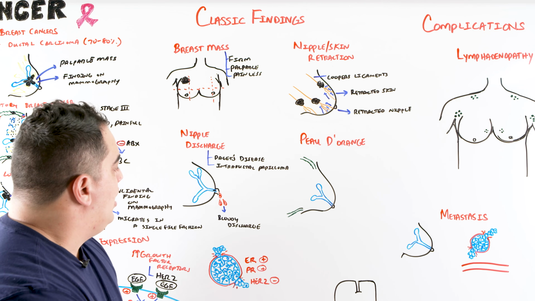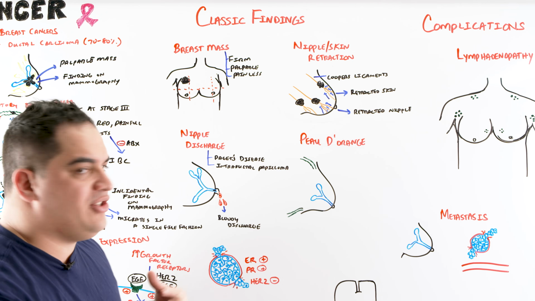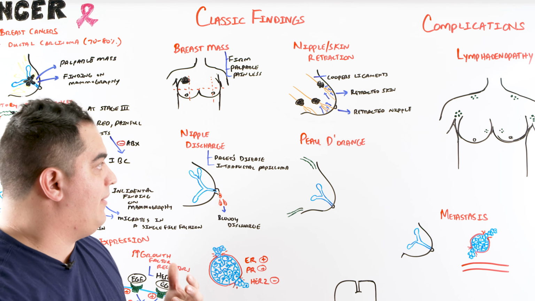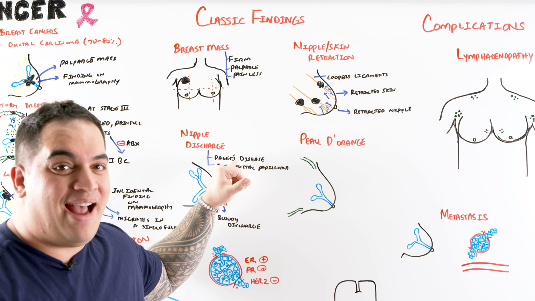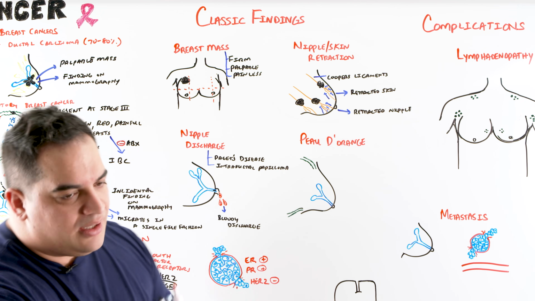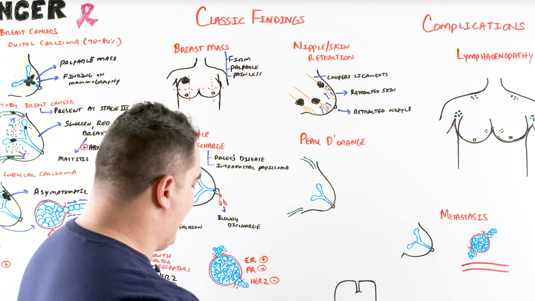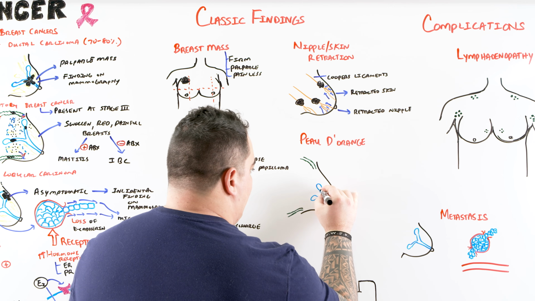Now, if a patient has nipple discharge, definitely be thinking about this one. Paget's disease is a little bit easier because you're going to see that nipple eczema around it. And again, if you did the skin biopsy around that area, what would you get? Paget's cells. Peau d'orange is going to come up on your exam one way or the other. With this one, again, you have that tumor that's occurring here.